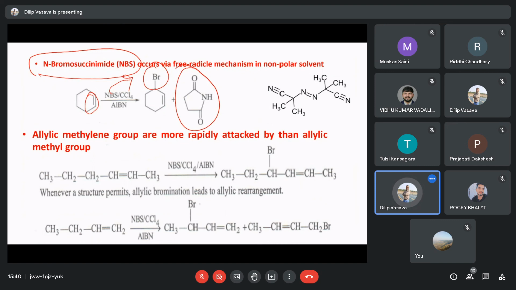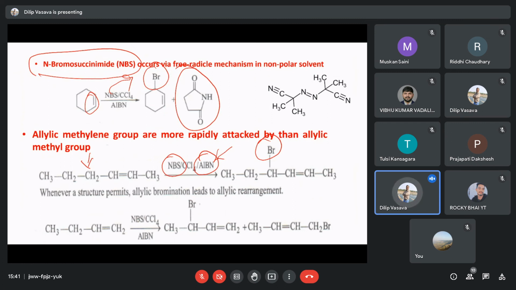Now this is another application, where NBS is utilized in the presence of AIBN. This question was asked in the NET examination, the utilization of AIBN. Oxidation always takes place at the allylic carbon. This is the allylic carbon where bromination is taking place, and if you oxidize further, you will get the oxidized product.